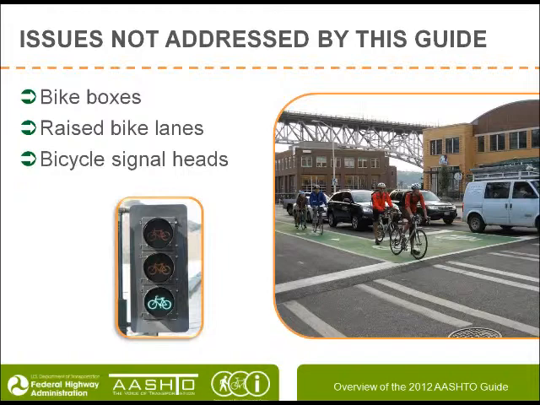And because they're both traffic control devices, AASHTO does not get out in front of Federal Highway Administration on endorsing something before it's in the MUTCD. So the NACTO guide is a very good place to go for information on these and other types of innovative bikeway design.